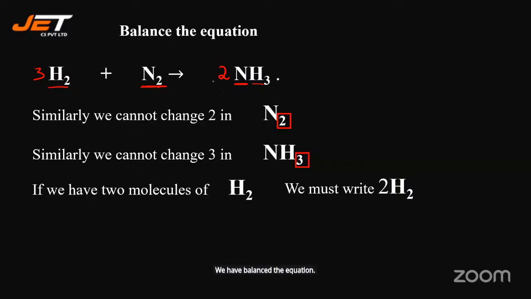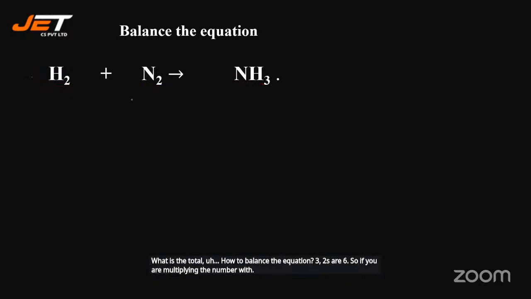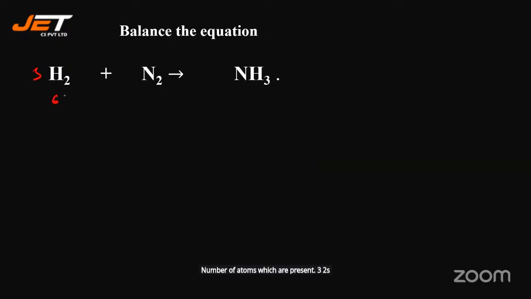So, ఇక్కడ మనం అబ్జర్వ్ చేస్తే, how to balance the equation? 3 2s are 6. So total 6 hydrogens are there in the reactants.